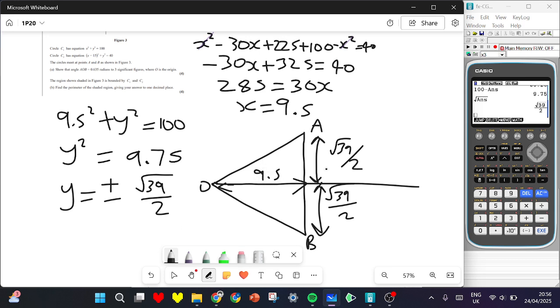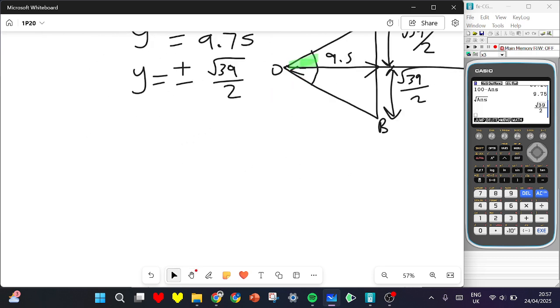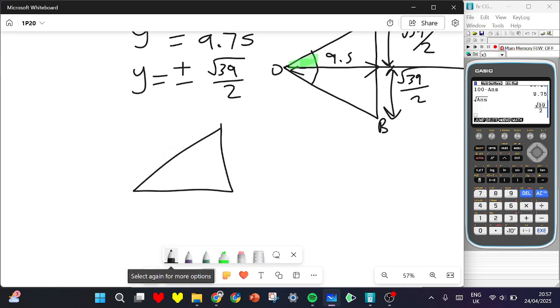So that means that these are both the same triangle, right? Which also means that if we're trying to find this angle, it's basically the same as finding one of these angles in the triangle and then doubling it, because these are both the same angle since they're the same triangle. So if we look at it as one triangle, we get this.